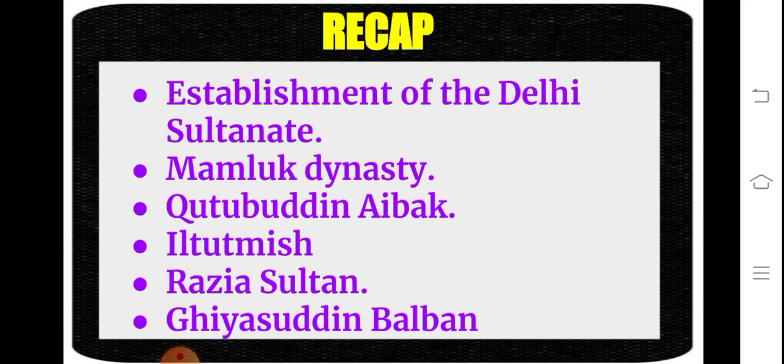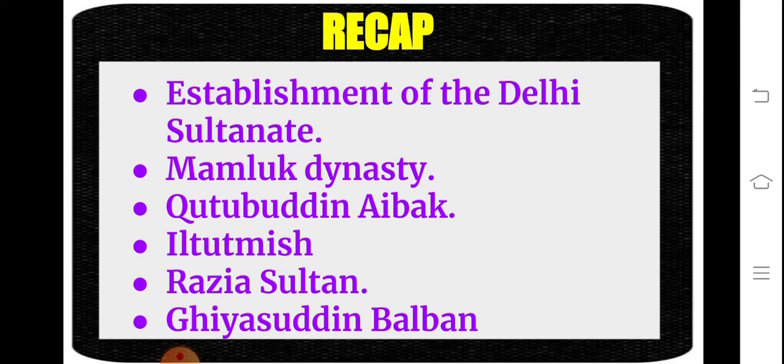Then we learned about Iltutmish, his successor, who managed to avoid a Mongol invasion by refusing to provide refuge to the Shah of Iran. He made the first push towards turning the Delhi Sultanate into an empire. He defeated the Rajput rulers of Ujjain, Ranthambore, Malwa, Ajmer, and Gwalior.